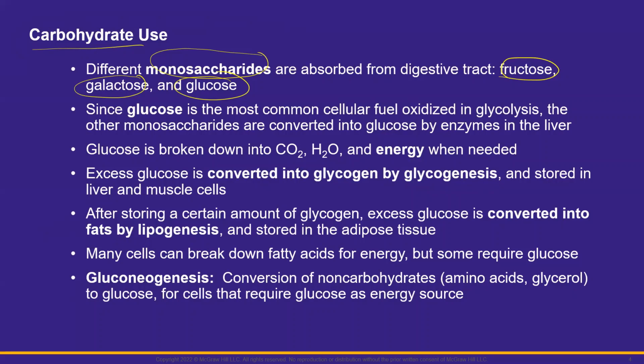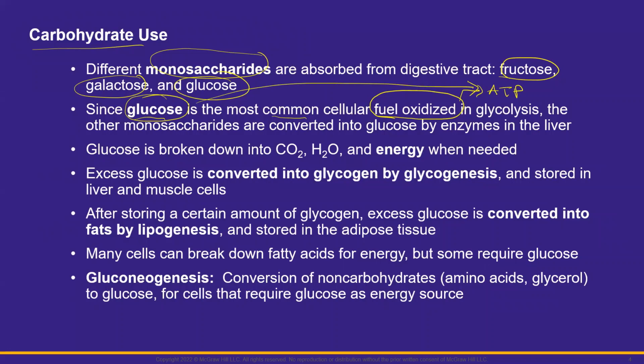And glucose is the most common cellular fuel that is used to make ATP. So this is the main source of energy to make ATP in our cells.